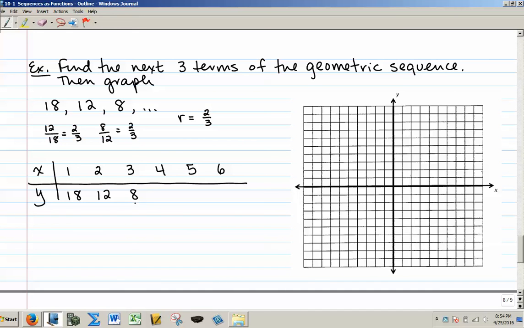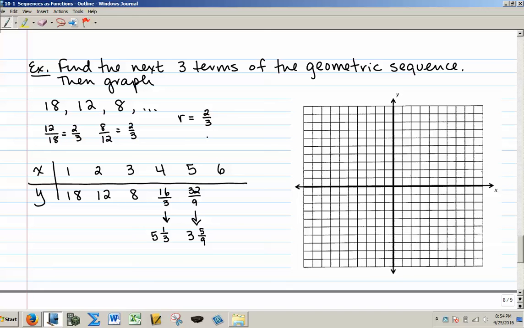So 8 times 2/3 gives me 16/3, or to make it a little easier to graph, 5 1/3. 16/3 times 2/3 is going to give me 32/9, or to make that a little easier to graph, that's actually 3 5/9, which is going to be pretty close to 3 1/2.